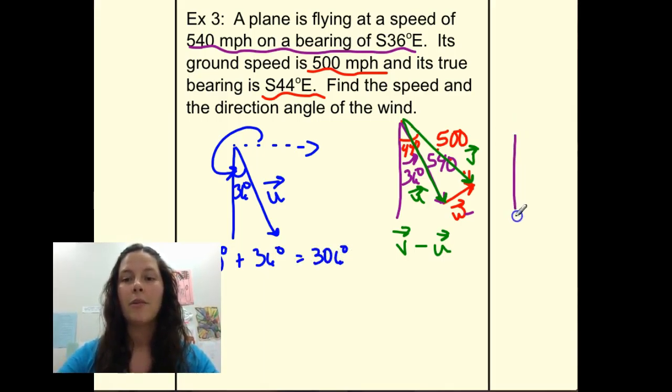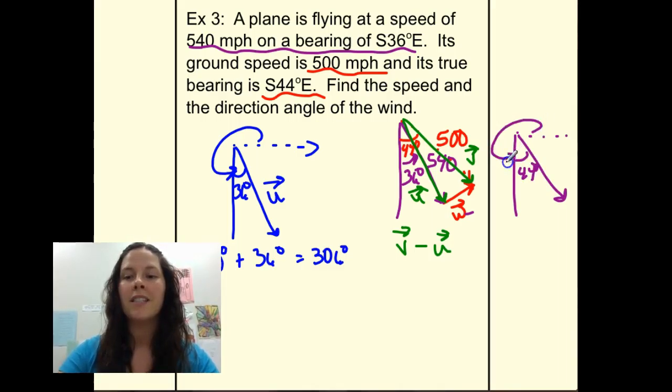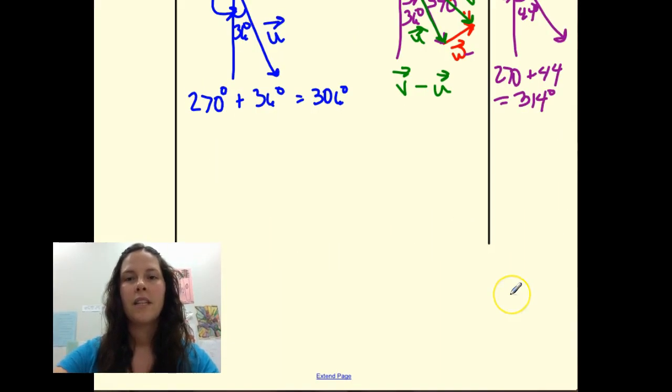Doing the same thing with my v vector, it was pushed off at a 44-degree angle. Thinking about the fact that this is 270 degrees from the horizontal, if I add those two together, I get a total of a 314-degree angle. So now we have the information we need to take our v vector and subtract our u vector.